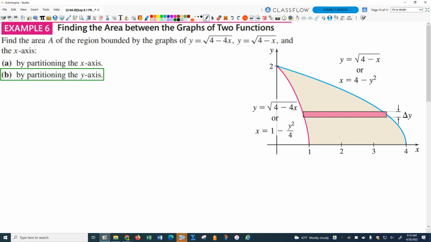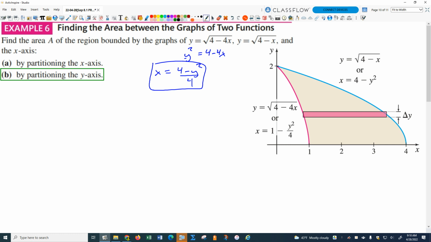What would I do to rewrite this function to isolate the x? Square both sides. So that's going to give me 4 minus 4x equals y squared. I could subtract the y squared to this side and add the 4x to that side and divide by 4, and I get x equals 4 minus y squared over 4 is one of my functions, right?